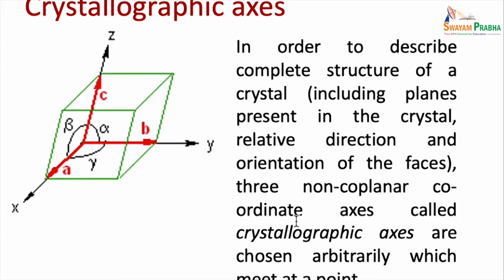Choice of these axes can be done in a number of ways, but the best choice is usually lines either coinciding with or parallel to the edges between the principal faces. These axes are represented as x, y, and z, and the angles between the axes opposite to the intercepts are represented by alpha, beta, and gamma respectively.